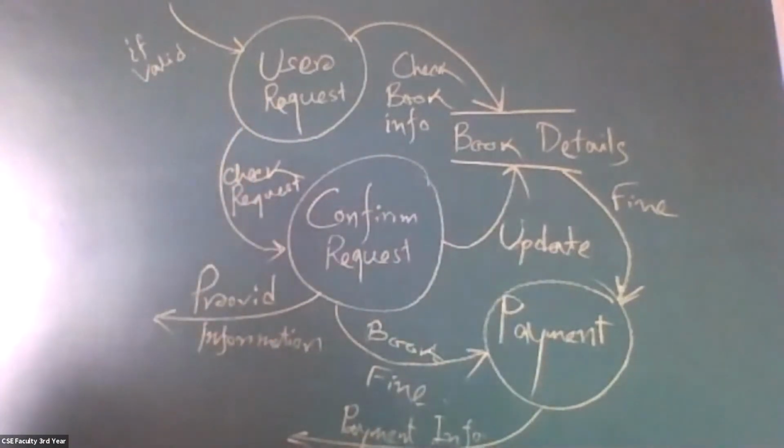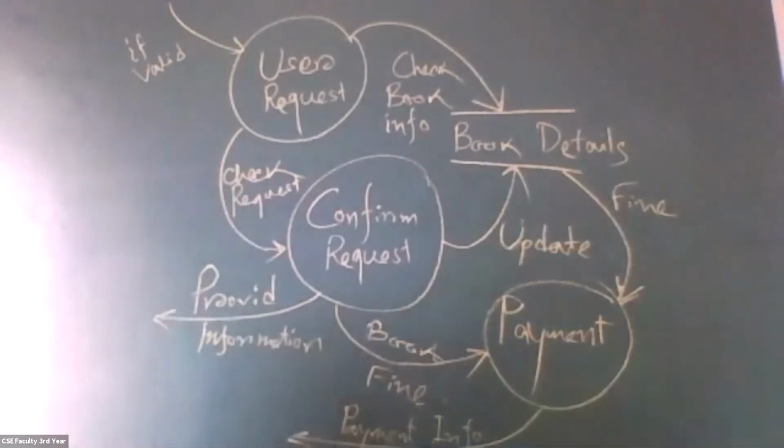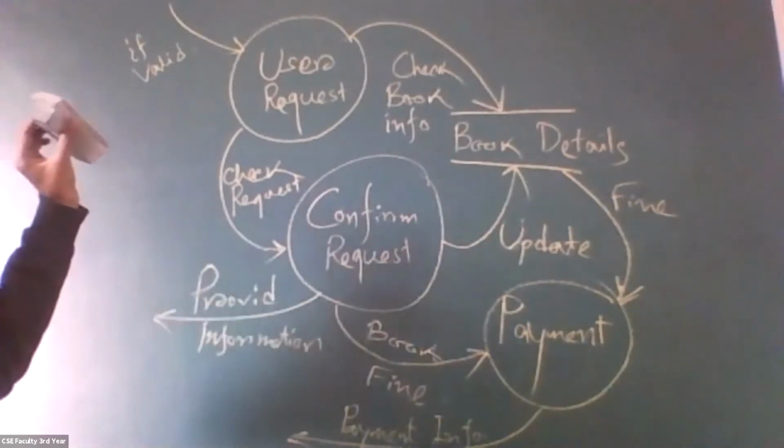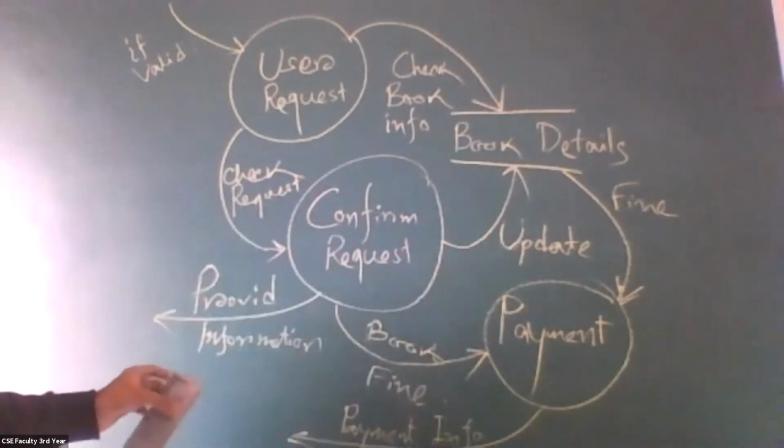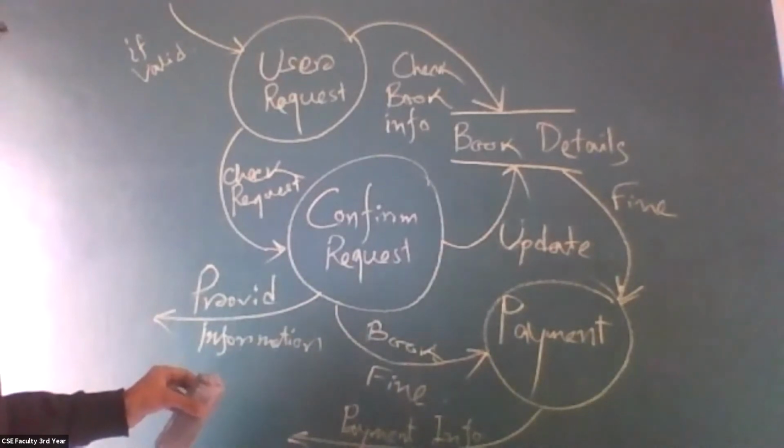Is that clear? The process is very easy. So our level 1 DFD will be something like this. Is that clear? We will not draw any external entity here.